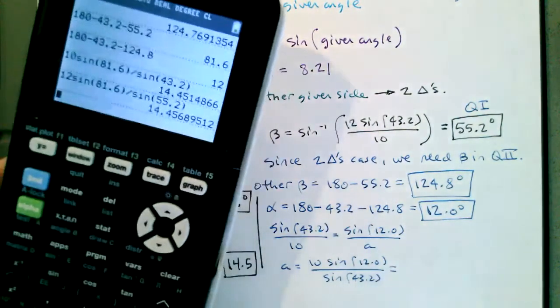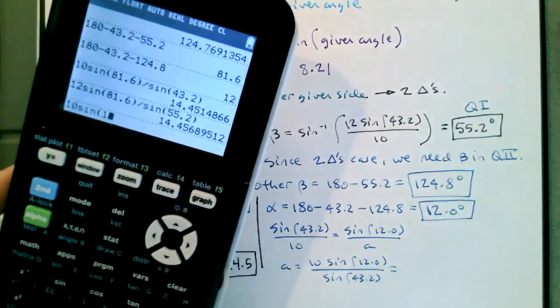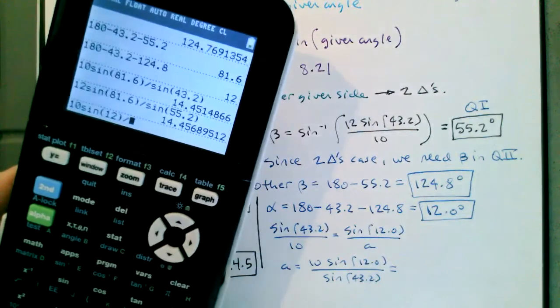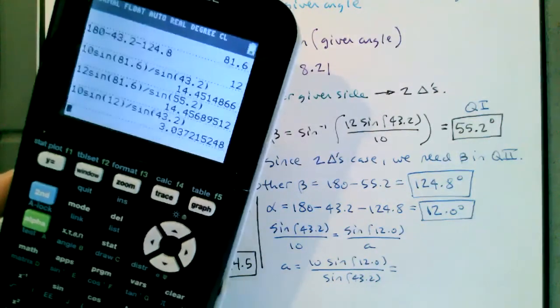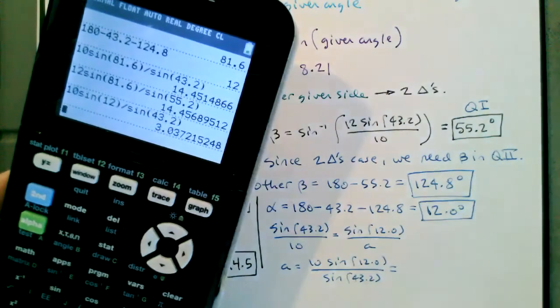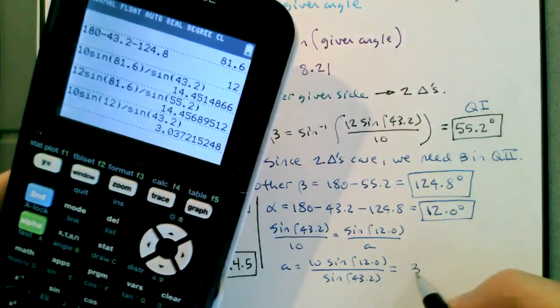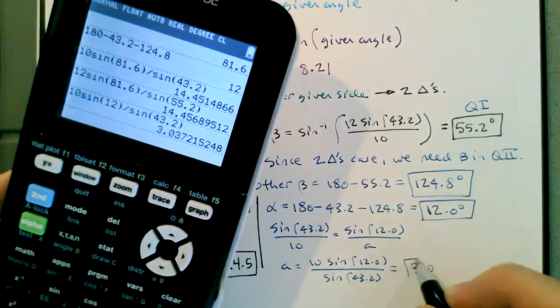So my other A is 3.0, we'll call it. I'm rounding everything to the nearest tenth for some reason.